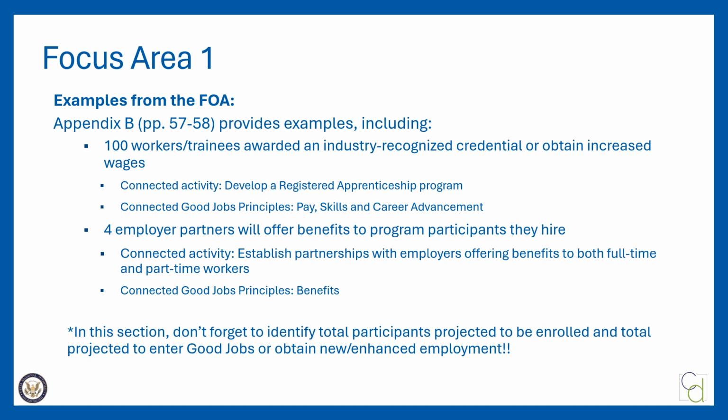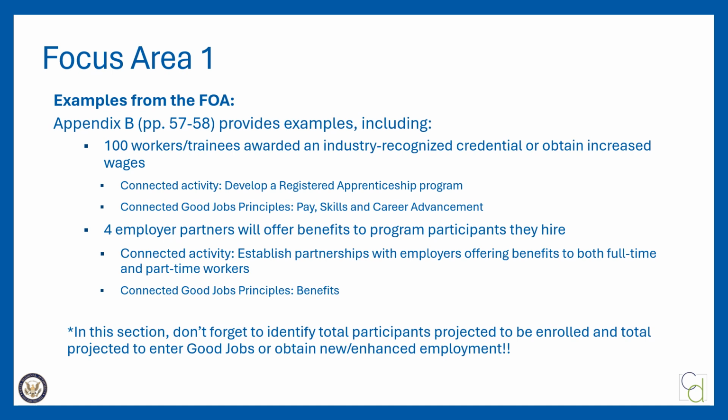The first example is 100 workers/trainees awarded an industry recognized credential or obtain increased wages. The connected activity is develop a registered apprenticeship program, and the connected good jobs principles are pay and skills and career advancement. The second example is 4 employer partners will offer benefits to program participants they hire.